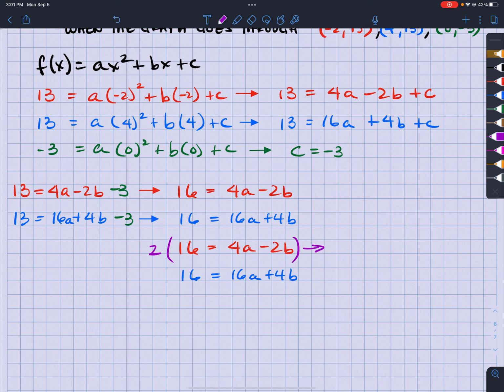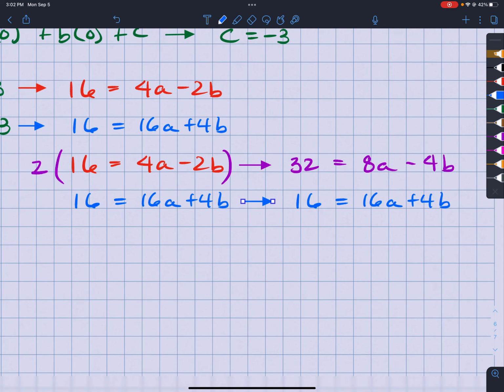Okay, so if I multiply the top by 2, what do I get? I get 32 is equal to 8a minus 4b. And the blue is going to stay exactly as is. No change, right? Because I'm not multiplying it by anything.